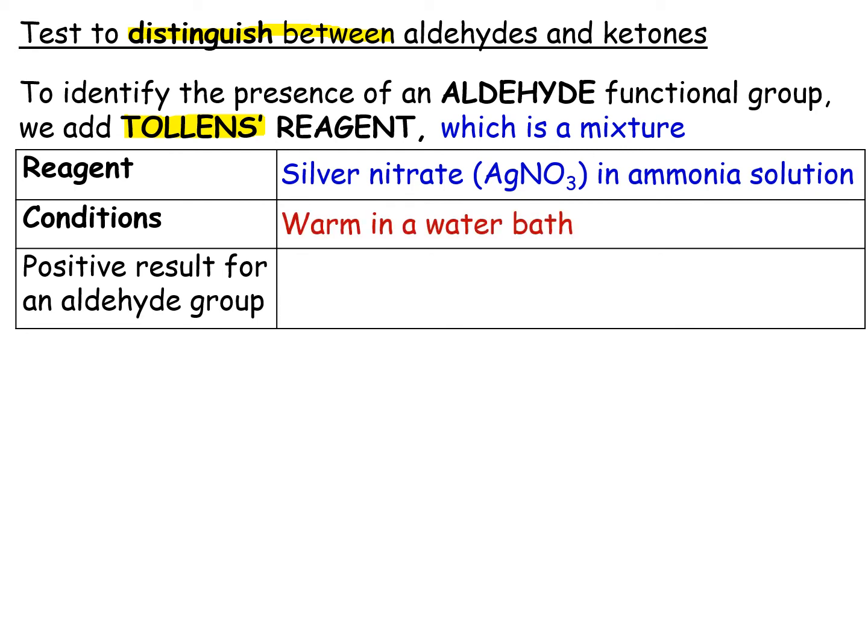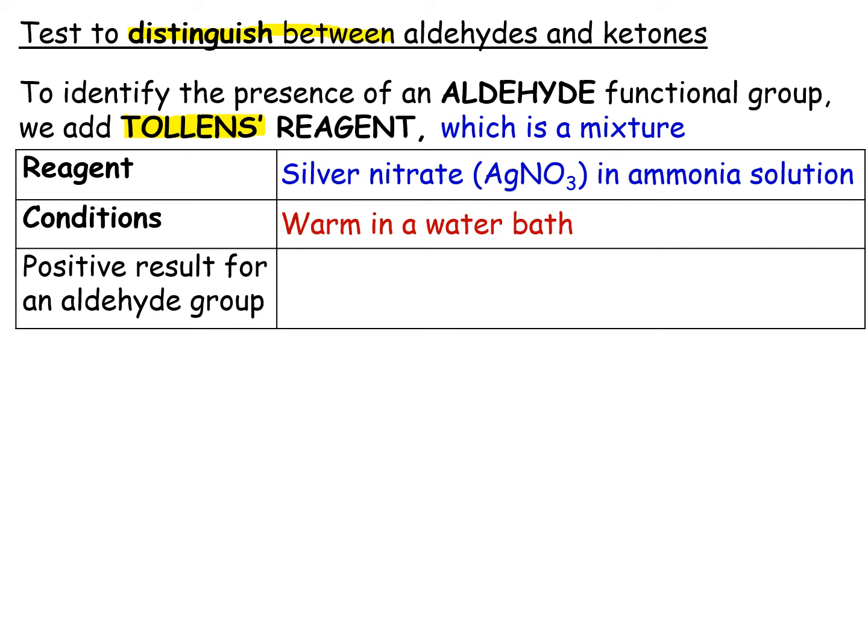And hopefully you'll get to do this in the lab. It's something that we do in PAG 7, where we identify unknowns and we're identifying different functional groups. And when you do it, you'll see that you use a water bath.